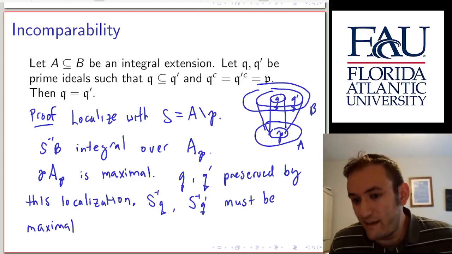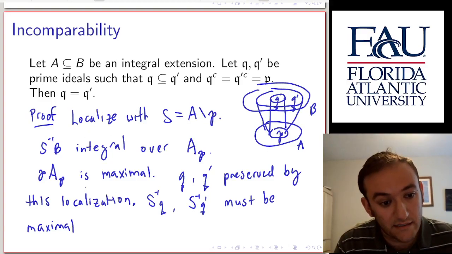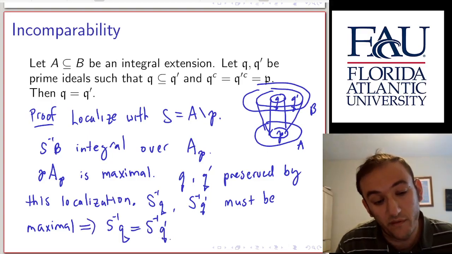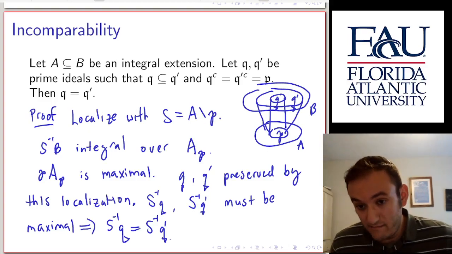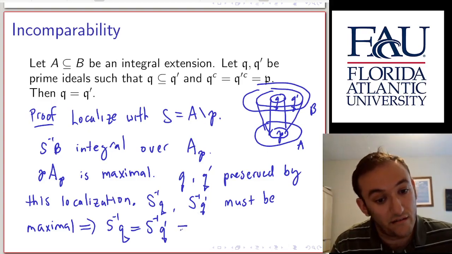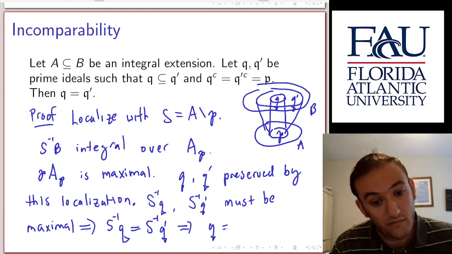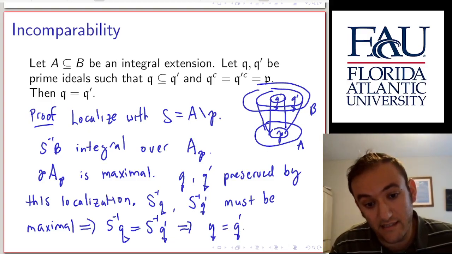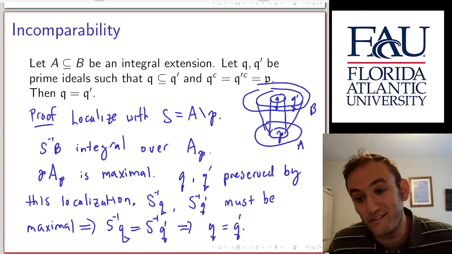But you can't have a containment of maximal ideals, so that implies S inverse Q is equal to S inverse Q prime. But because the multiplicative set didn't meet these ideals, that means that the original ideals are also the same. Okay, so that tells us that these two ideals are the same, which is the notion of incomparability.